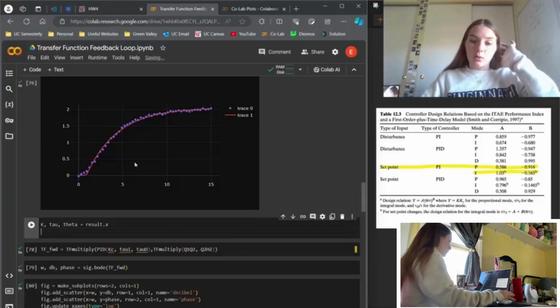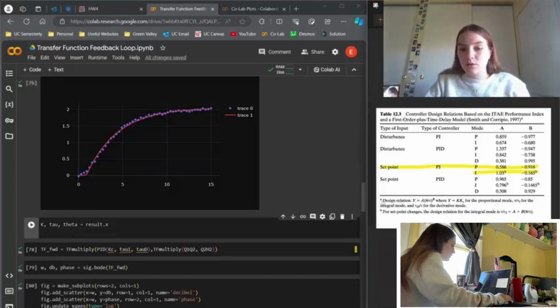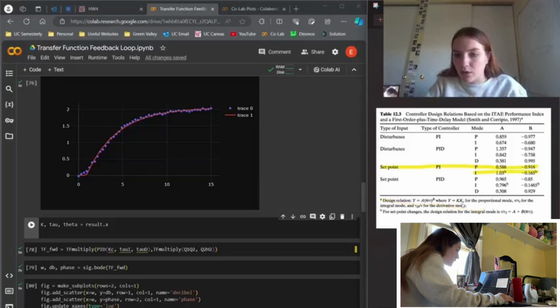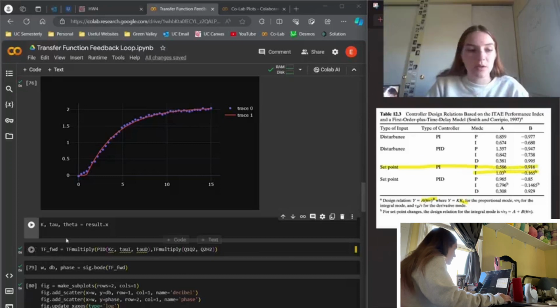And now our book gives us this information over here. So we can find our Kc by finding our y and then dividing that by our k. And it also gives us our y equation, which is a times theta divided by tau to the power of b. And it gives us our a and b variables up here.